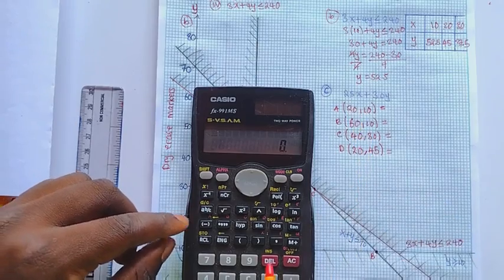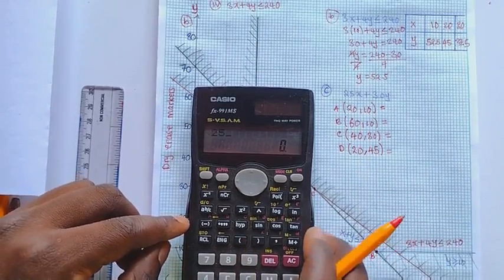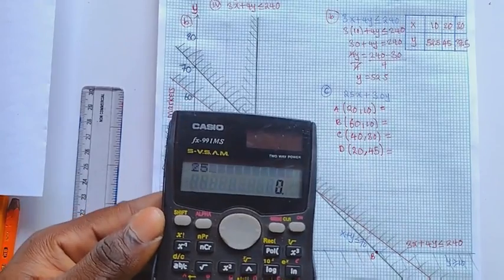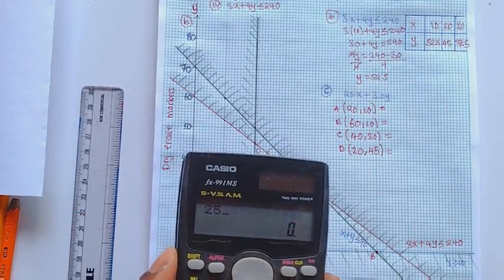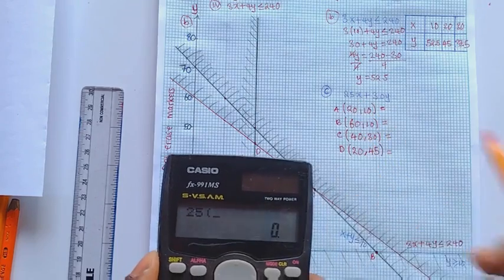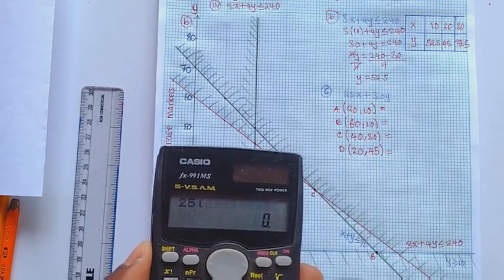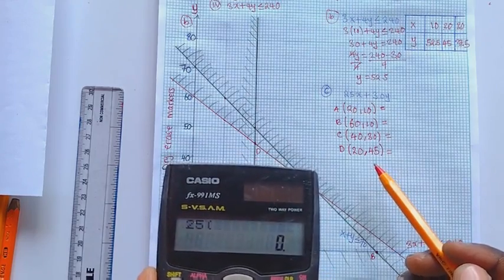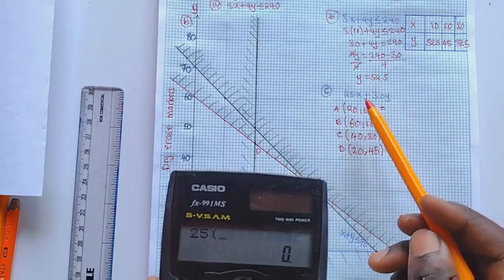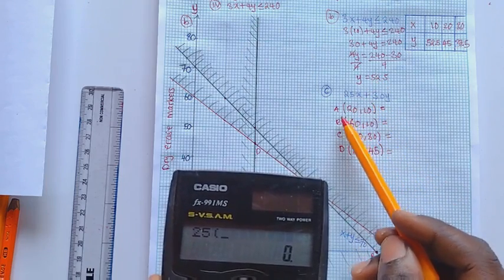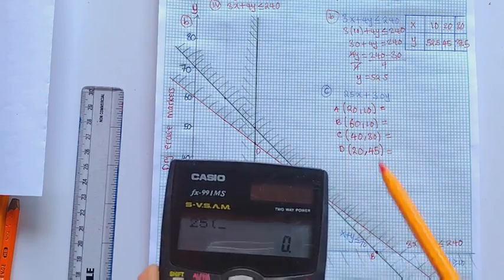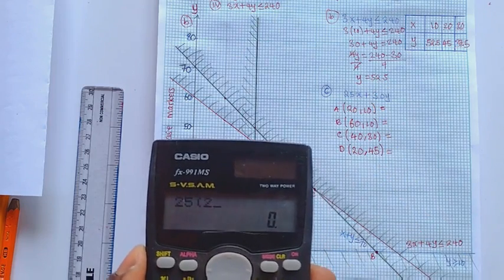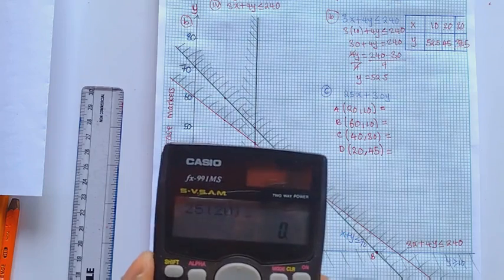This is what I mean. This is our equation, 25, open bracket. So right here where there is x, you'll get the coordinates for A. X will be 20. So in brackets you put a 20, you cross.